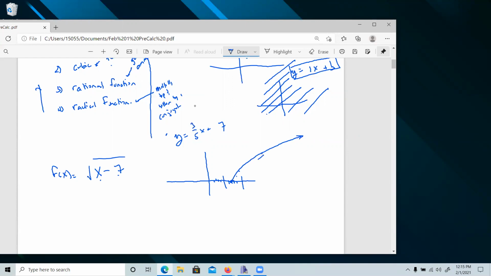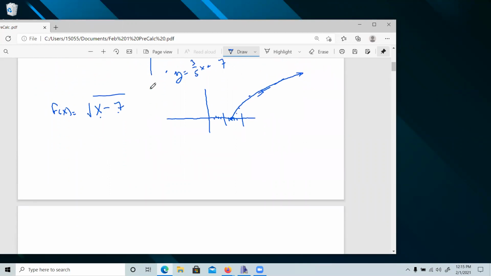And then we would pick two points, any two points, it doesn't matter, and figure out the slope of the secant line. But if you don't know which two points to start with, what we're going to do is f of x plus h minus f of x all over h.